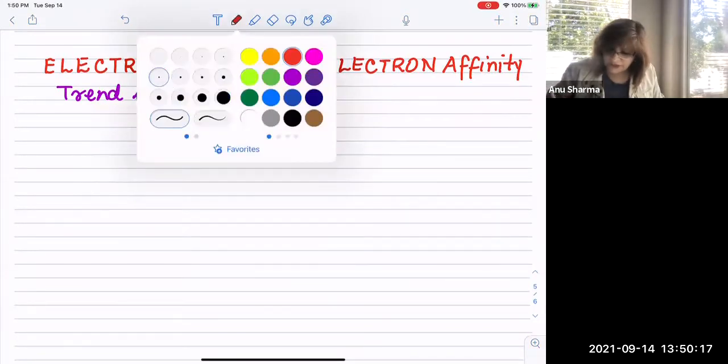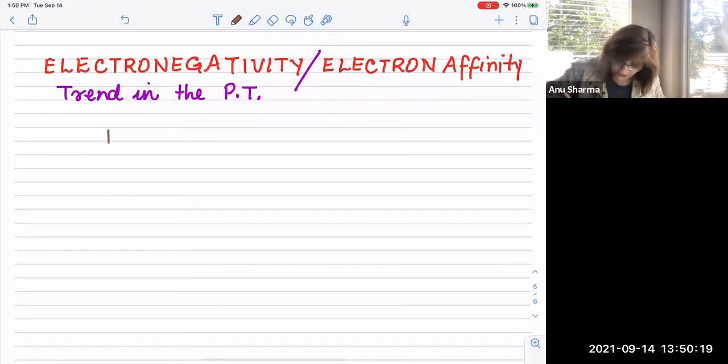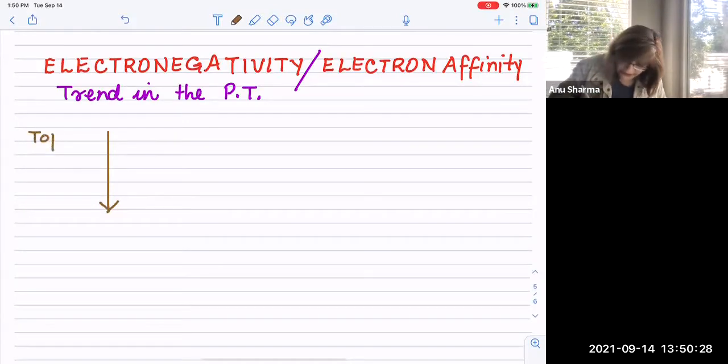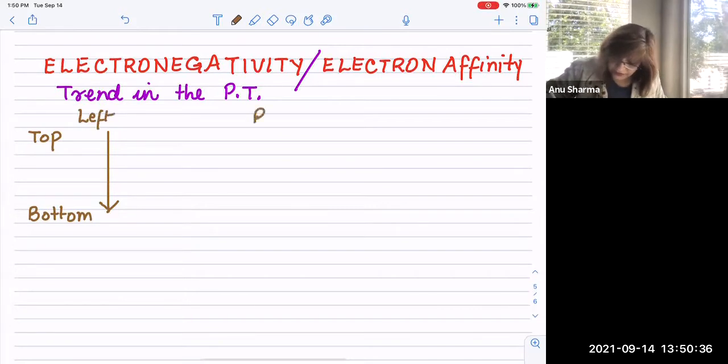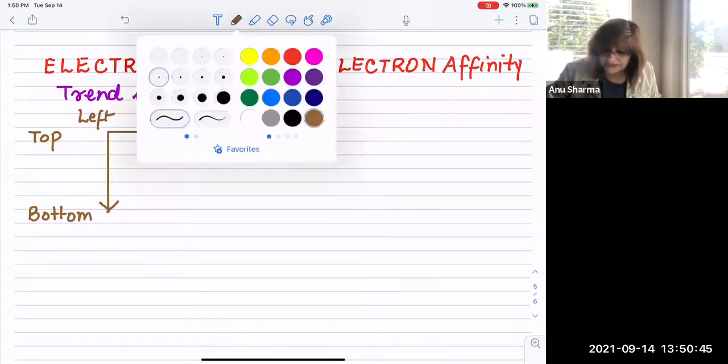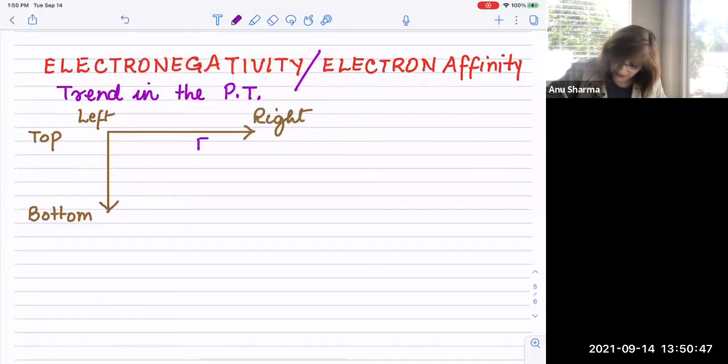So what are the trends? In the periodic table, you go from top to bottom in the same column, or you move from left to right. When you move from left to right, the electronegativity increases.